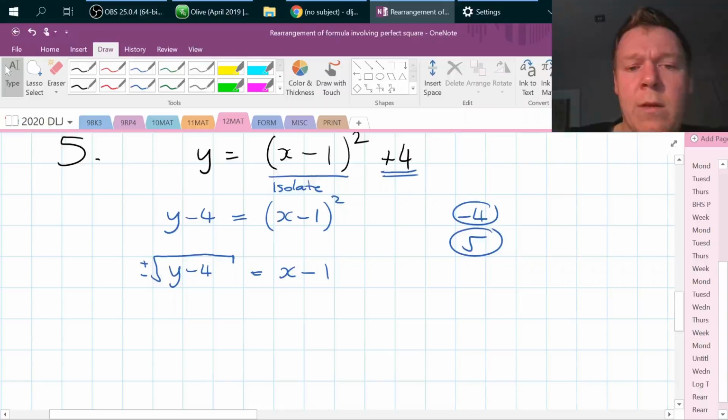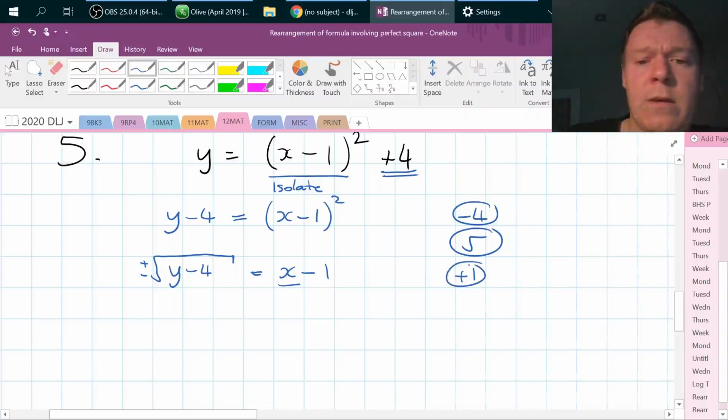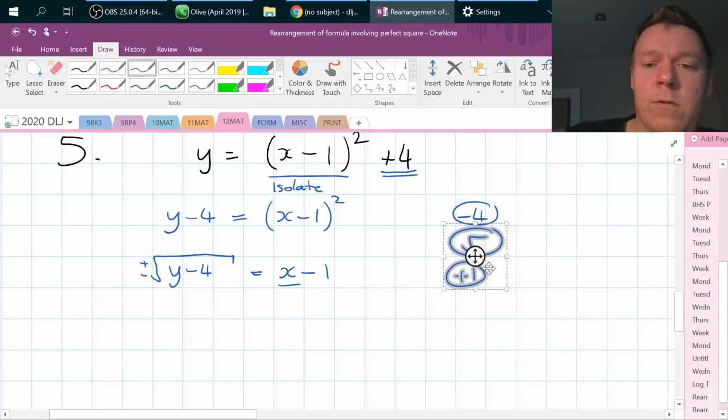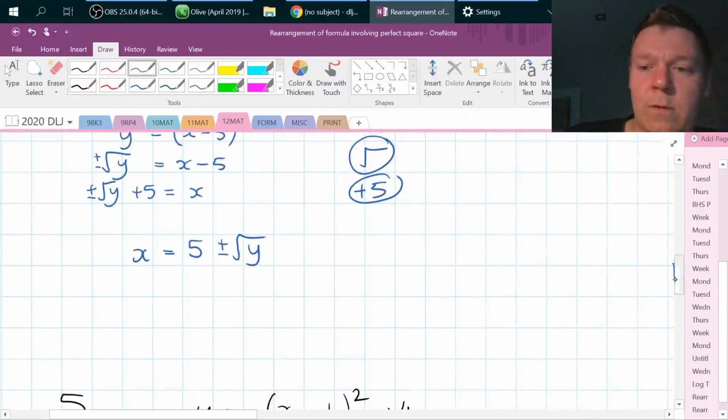Okay, finally we have got to isolate our x, so we need to add 1 to both sides now. Oops, these are getting a bit out of order. Sorry about this.